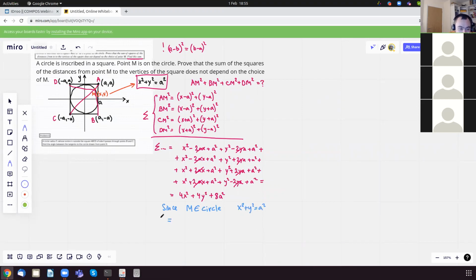So from here, the sum is 4x squared plus 4y squared, so that's 4a squared plus 8a squared, which is 12a squared. So truly, the choice of point M does not matter. We have an answer which does not depend on x and y, because for any point on the circle, this would be 4a squared.